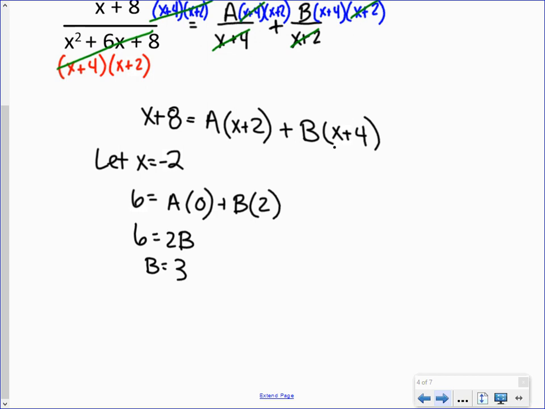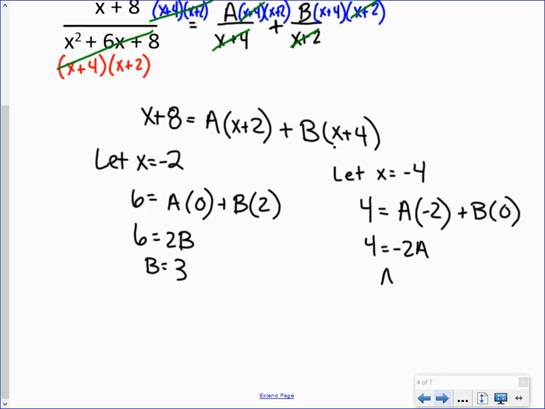So let's let x equal -4. Plug in -4 everywhere you see x, so on the left side, -4 plus 8 is 4. A times -4 plus 2, that's -2. And then b times 0. Well, b times 0 is just 0, so I really have 4 equals -2a, so a is -2.